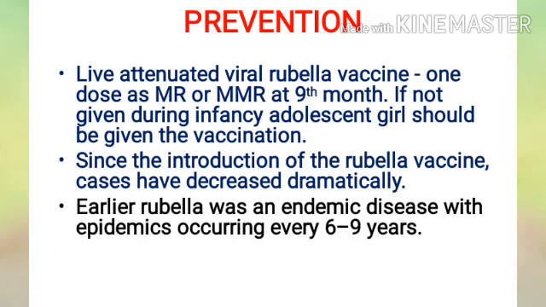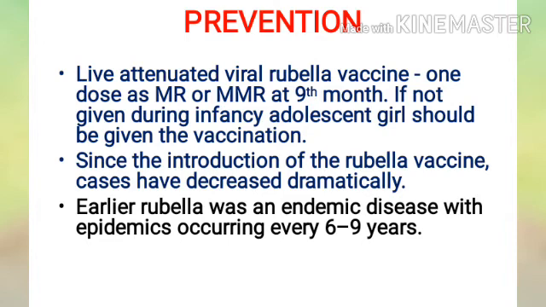It is included in the National Immunization Schedule as MR vaccine or MMR vaccine. MR means measles and rubella. MMR means mumps, measles and rubella vaccine. In some states MR vaccine is given, and in some states MMR vaccine is given, and it is given at 9 months. The reason I have already mentioned earlier.